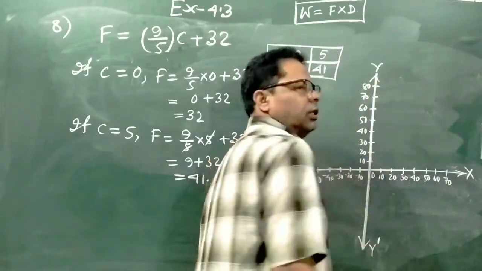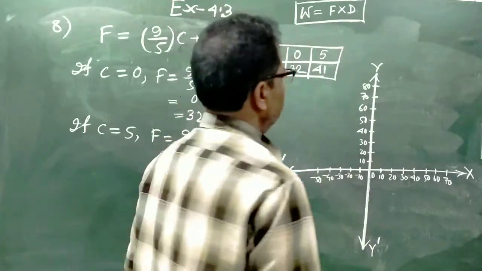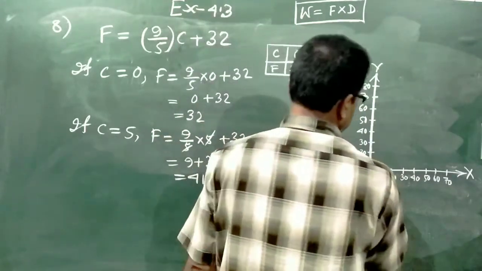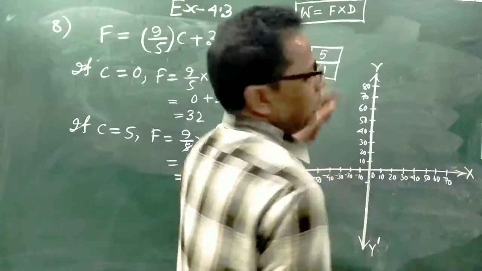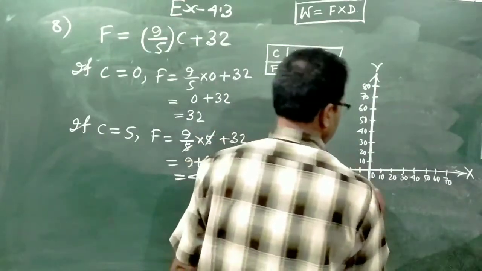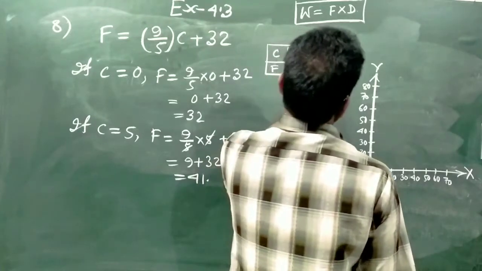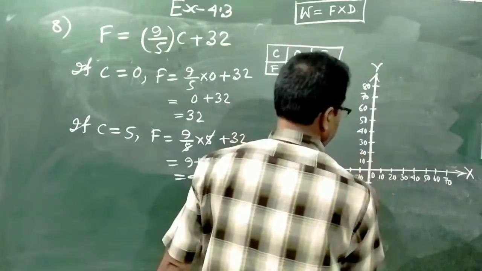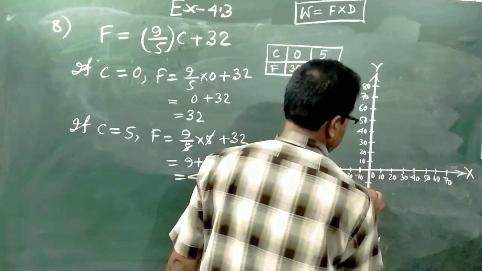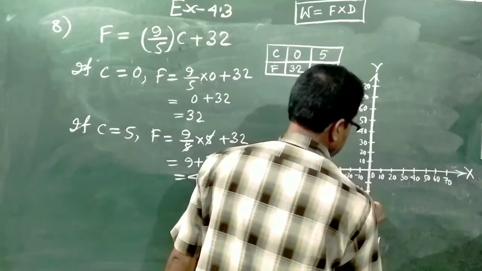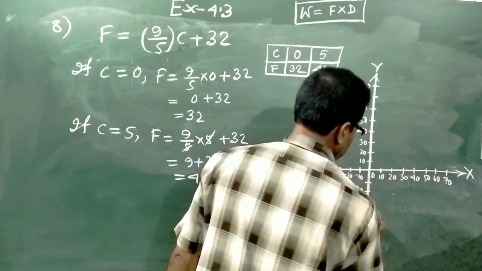It is not finished here. Many more points can be taken, but up to 41 is available, that is why we are not taking any more extra values there. This is minus 10, minus 20, minus 30, minus 40. In this way it is going on.